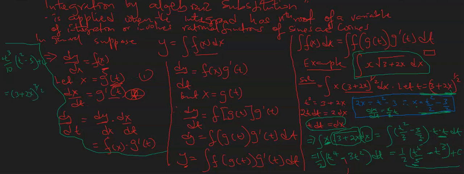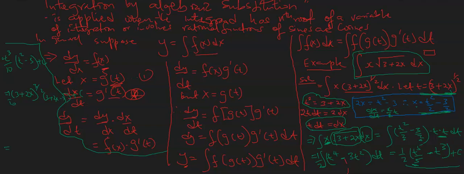And this then will be the same as, if you replace t with 3 plus 2x raised to a half, like that, of course, over 10 times t squared minus 5. We noted that t squared is 3 plus 2x. So this is 3 plus 2x minus 5, of course, plus c.